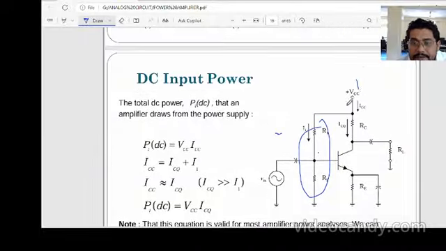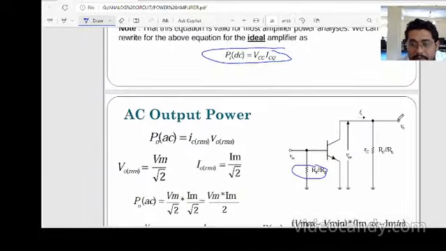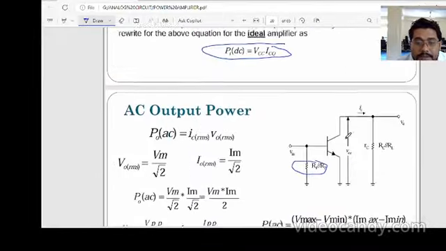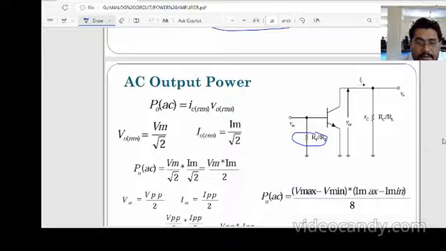For AC analysis, how will we draw it? For AC analysis, all the DC inputs must be 0. Suppose this is the transistor for AC analysis.